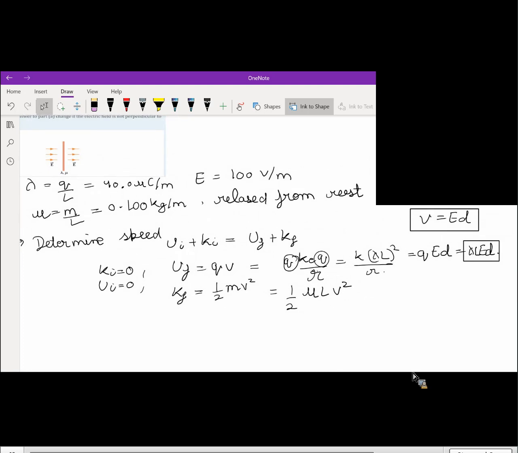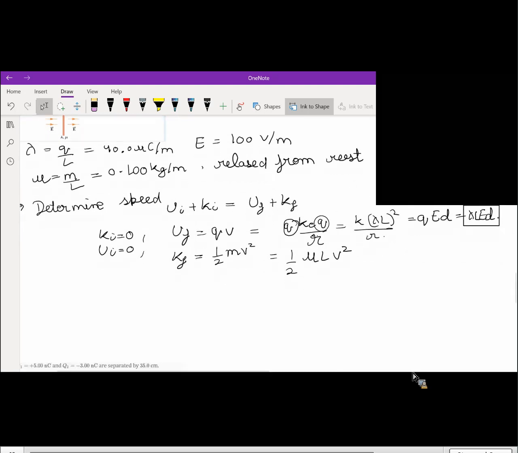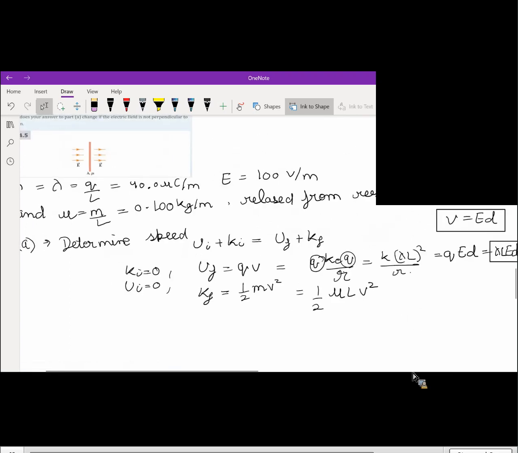One thing, that potential energy that is final is negative lambda LED. And somebody can ask me, not that D, but small d.